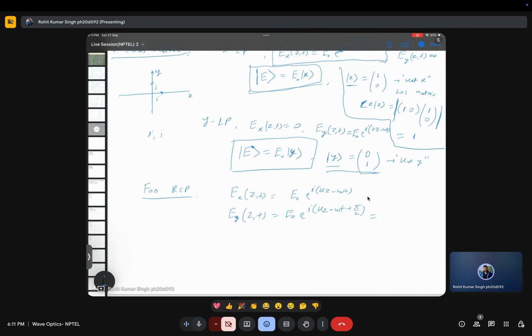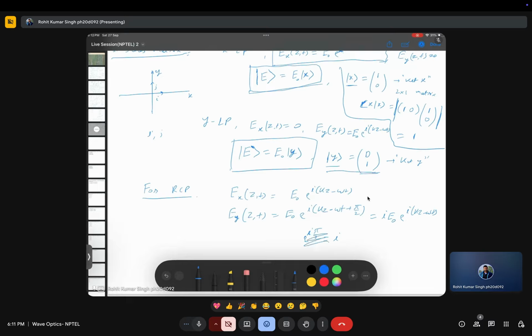So you know that e to the power i pi by 2 is just i, right? So you can take i out here, and you are left with this. Because e to the power i pi by 2 is nothing but i.